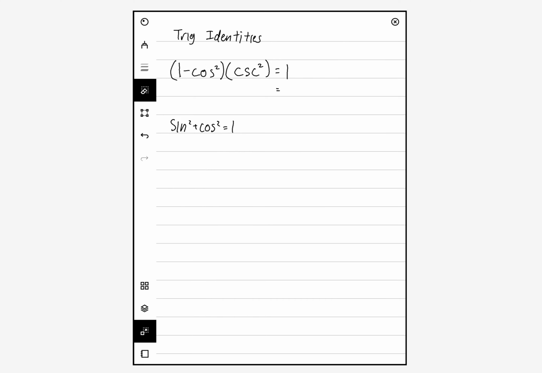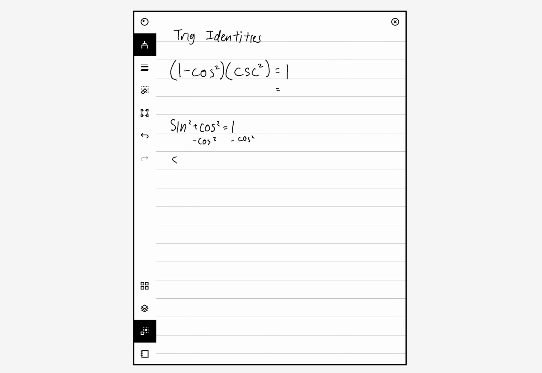Okay. All right. The first step that I would recommend is using the sine squared plus cosine squared is equal to 1 identity. And you might be wondering, like, what? How do I use that? All right. We're going to change this identity a little bit. I'm going to move the cosine squared over to here.